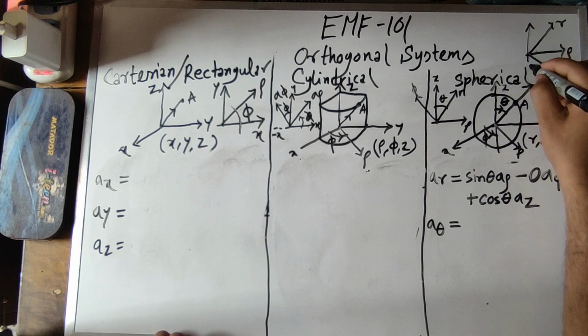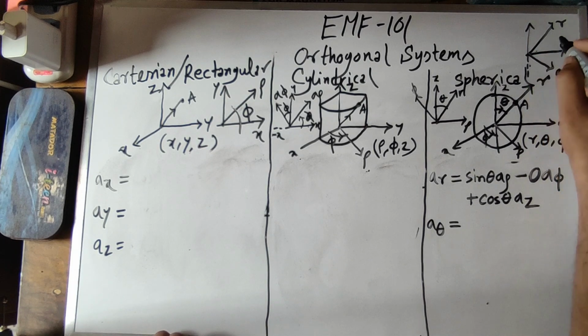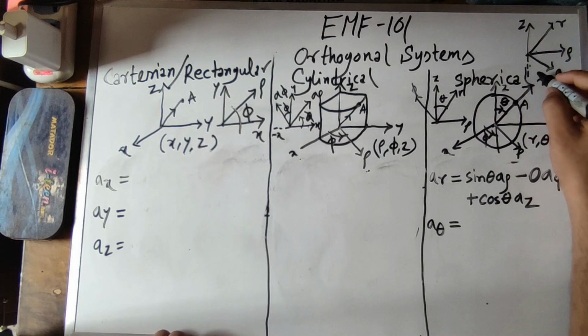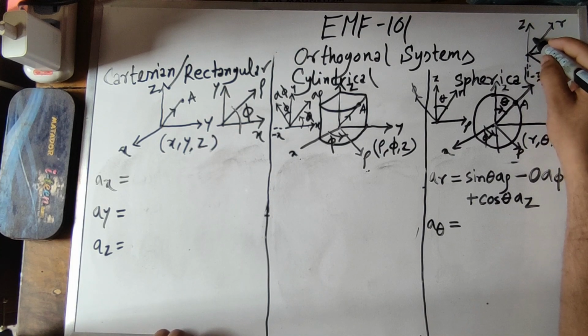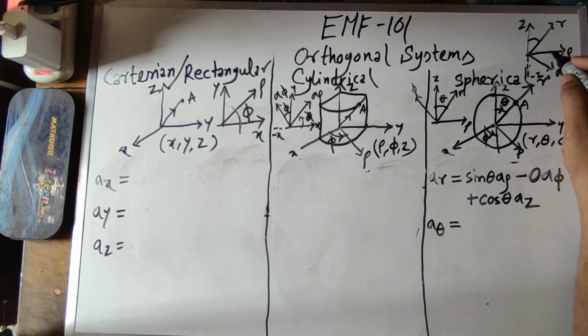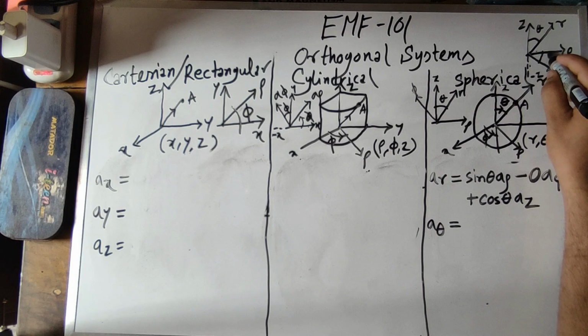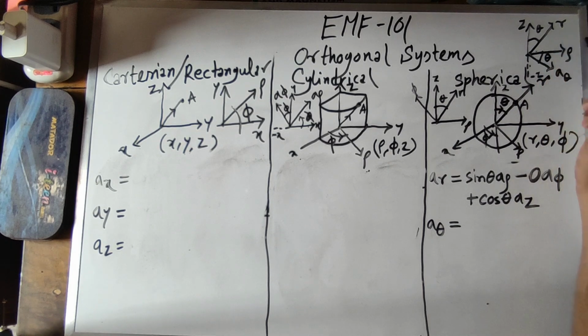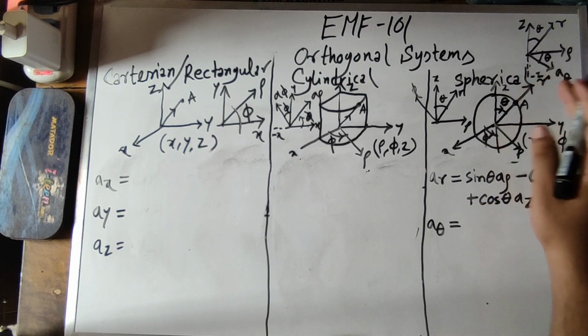Okay, so this is z and this is minus z. And if this is theta, we can say theta is this also.